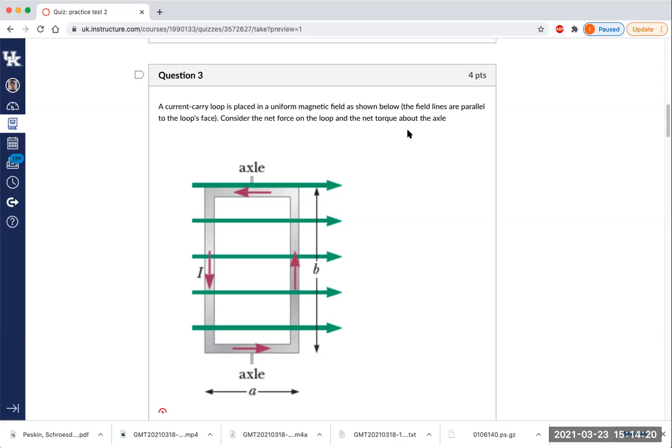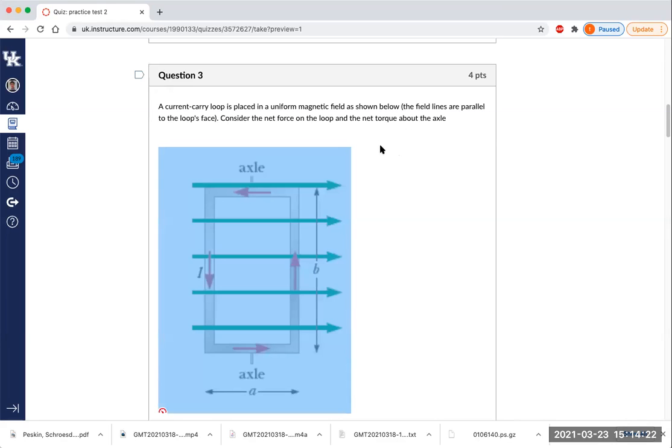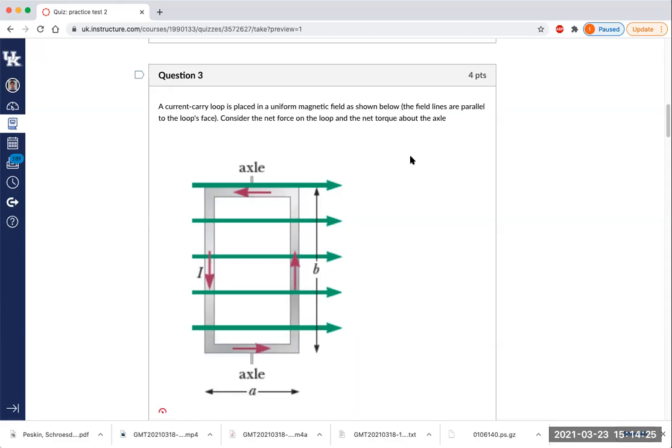The equation that we'll use as we do this, let me just write it down. It is the force on a current loop, force on a current-carrying wire. It's this equation here.